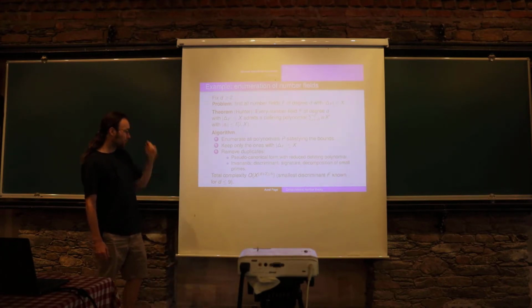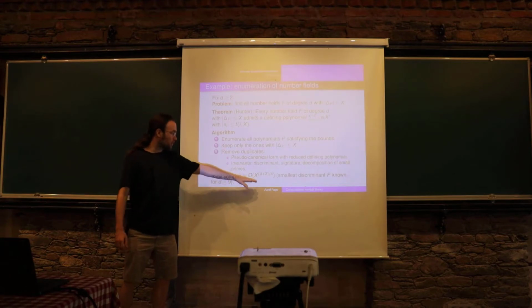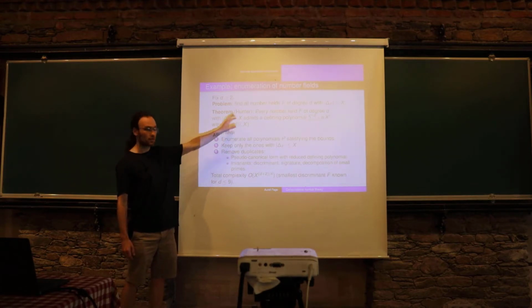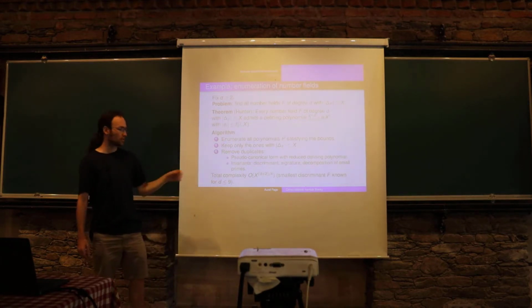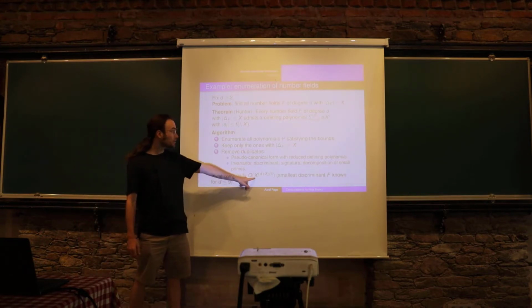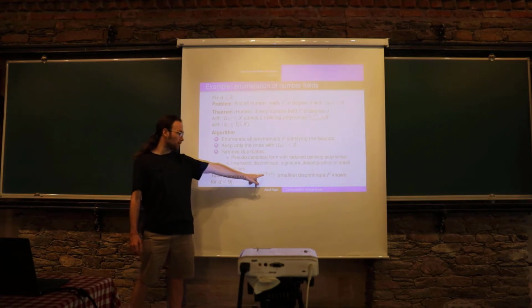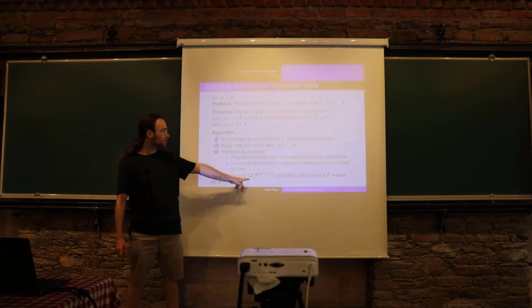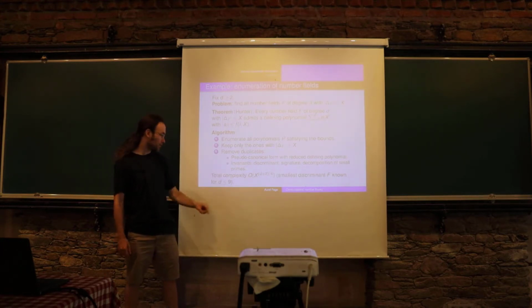If you add up the total complexity of this, well, of course, to analyze this, you have to know what the exact bounds are here. I'm not showing it for simplicity. The total complexity is x, the discriminant bound, to the (d+1)/4, where the constant here is actually allowed to depend on the degree of the field.